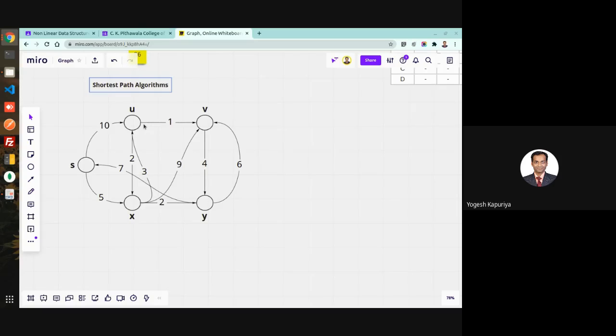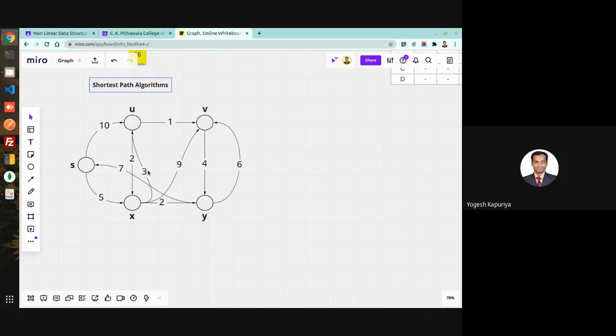So it means that shortest path means that the total weight of all the edges which make up your path should be minimum. So for example, if I consider this path from S to U, the total weight is 10. But when it comes to the second path, SXU, then the total weight is 5 plus X to U is 3.